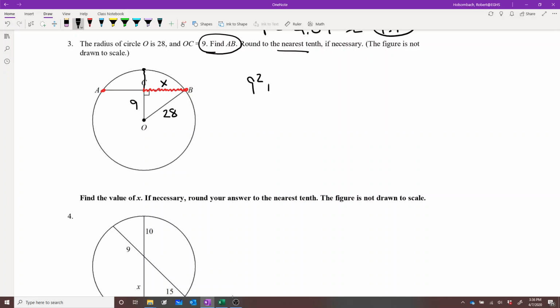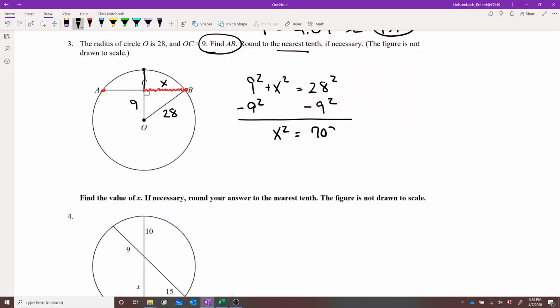So 9 squared plus x squared equals 28 squared. If we subtract 9 squared from each side, then our x squared is going to be equal to 703.